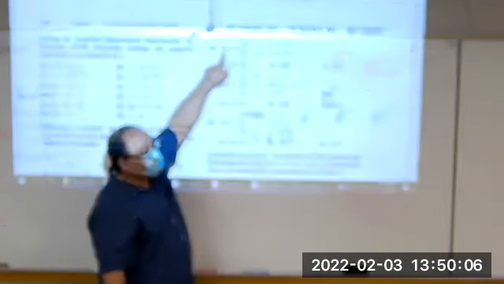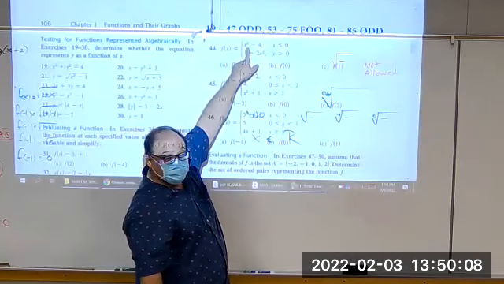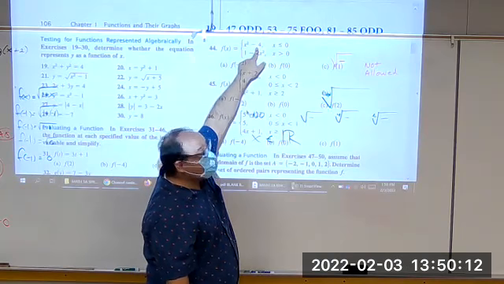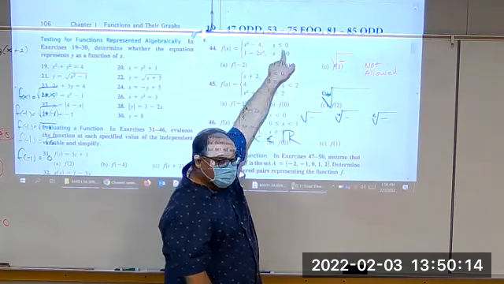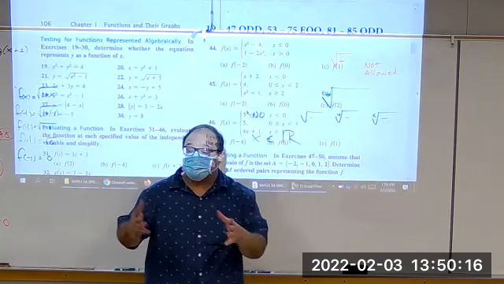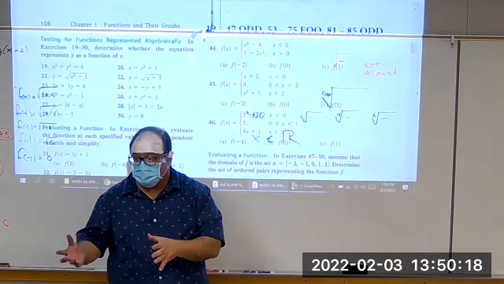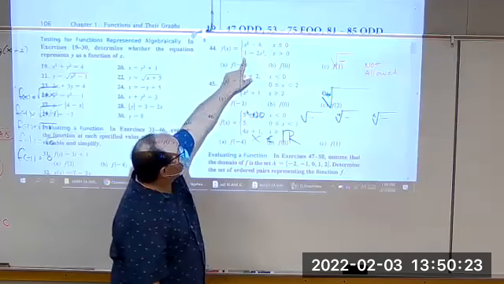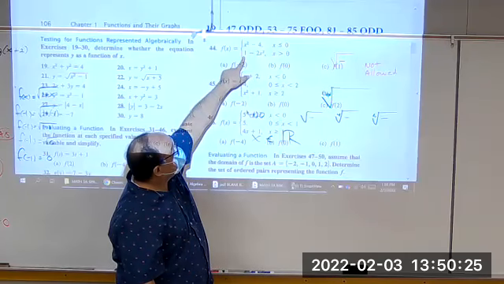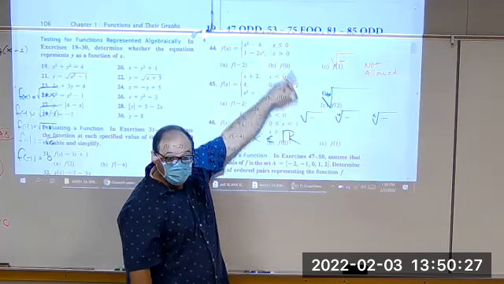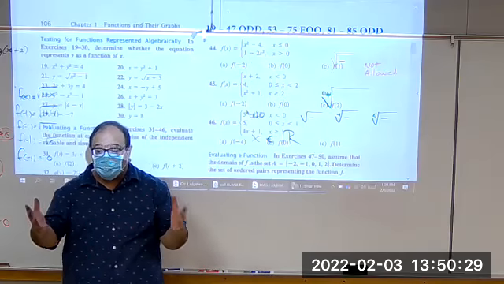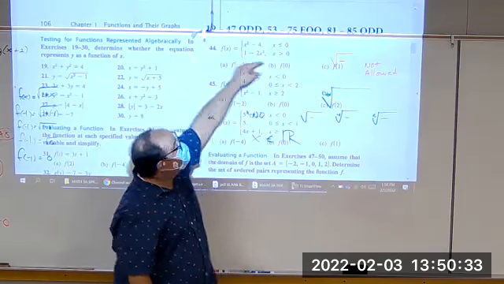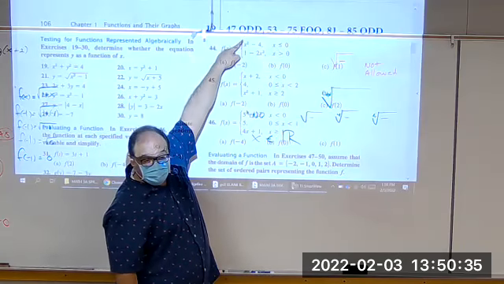The function f of x is equal to the first piece, x squared minus 4, if you're choosing x's that are less than or equal to 0. When you are plugging in numbers that are bigger than 0, you plug into the second piece, 1 minus 2x squared. So if I'm plugging in numbers that are negative or equal to 0, I plug them into the first piece.